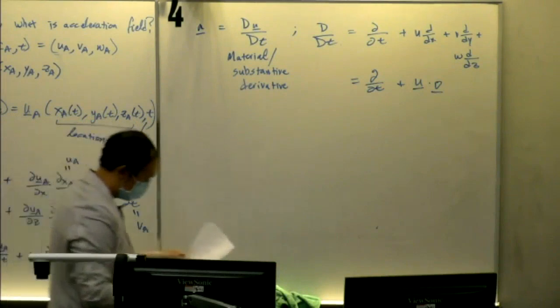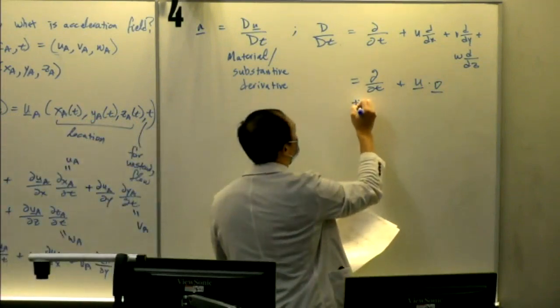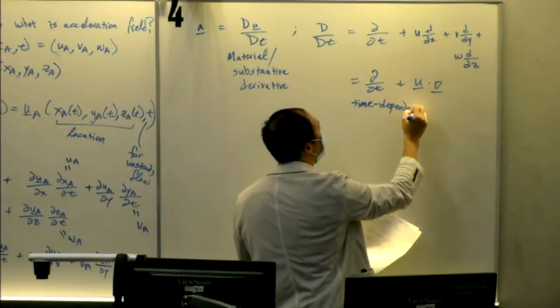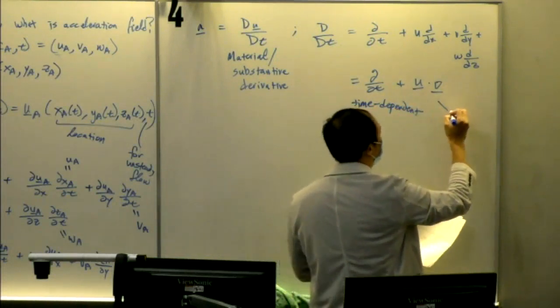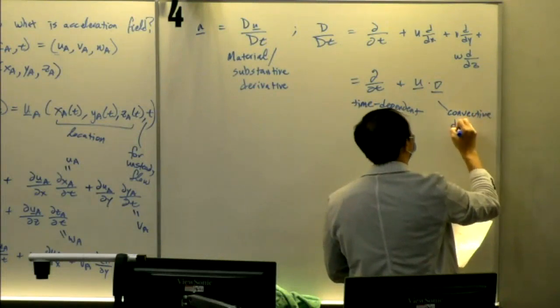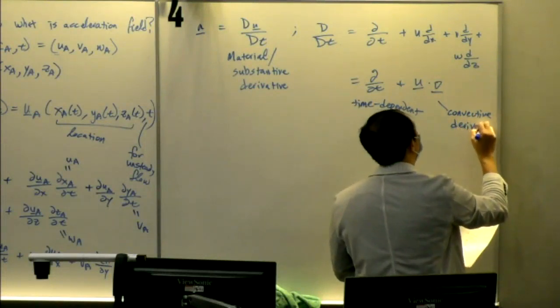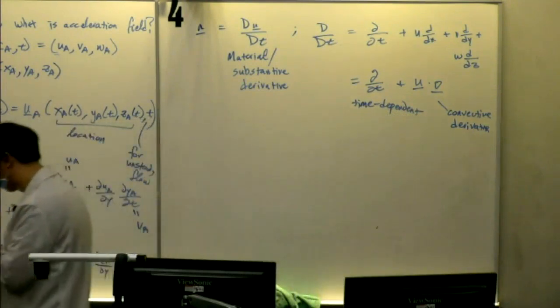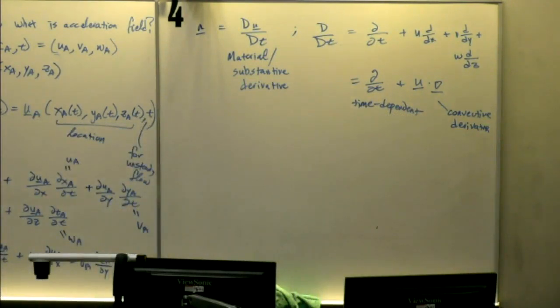So again, this is the time-dependent part because the entire velocity field is changing at once, and this is basically the convective derivative. The change results from going to different places in space where that property is different.